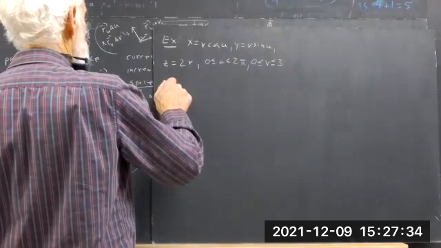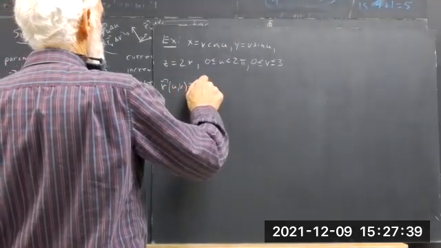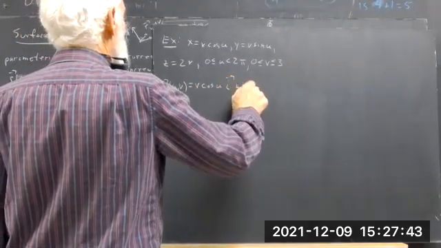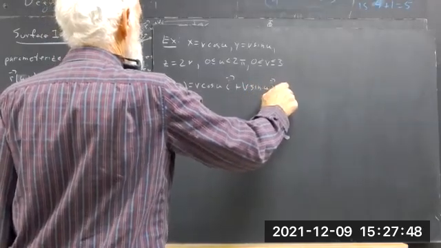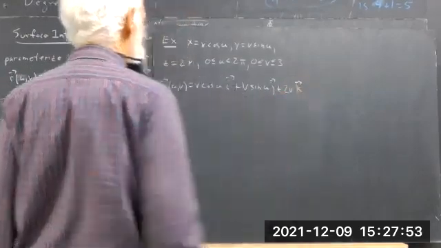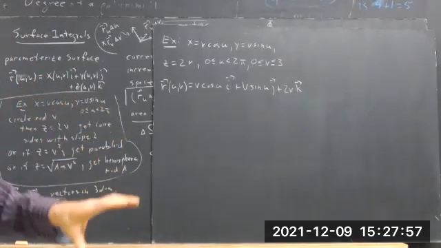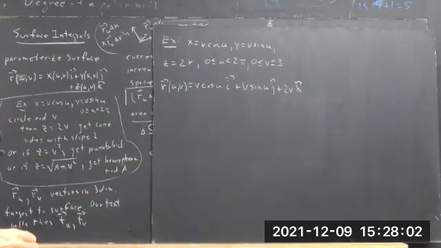So r of u, v equals v cosine u times i plus v sine u times j plus z, which is 2v times k. Okay, now that's a relatively easy surface to parameterize, but if you can parameterize that, it gives you a basis for parameterizing things that might be a little more complicated. So what do we do now?